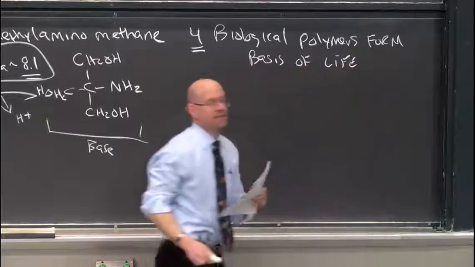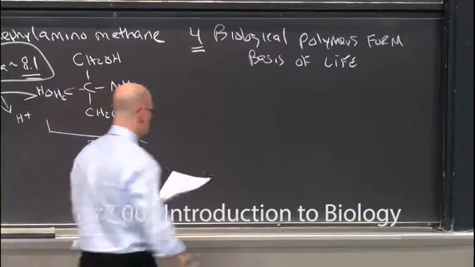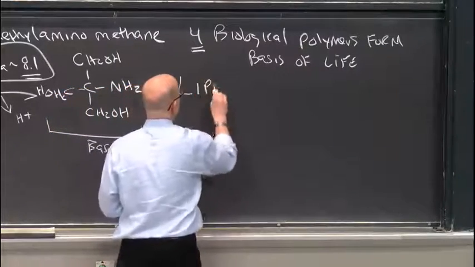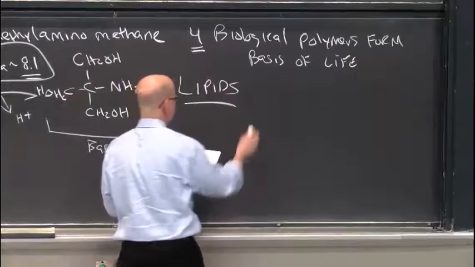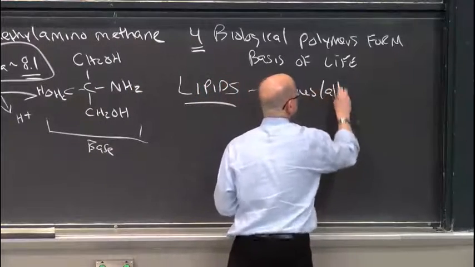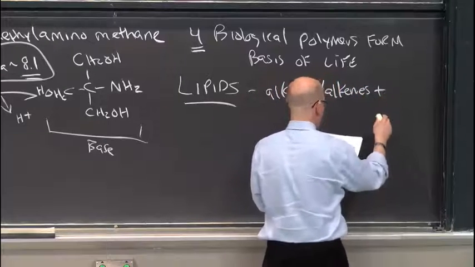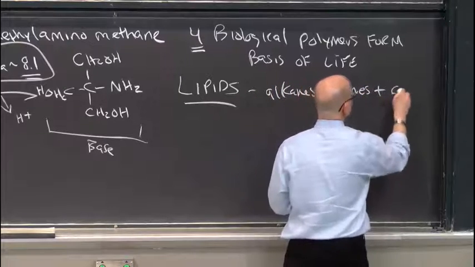You've probably seen this in some capacity in your high school biology course, and maybe you saw it in 701. But the first group, as you are all well aware, of course, are lipids. And these are simply alkanes or alkenes that also have a carboxylic acid group.